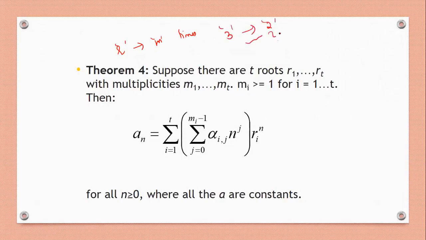In the earlier case, we were supposed to have distinct roots. Now in this case, the roots can also be repeated. Now based on that, what will be the general solution?